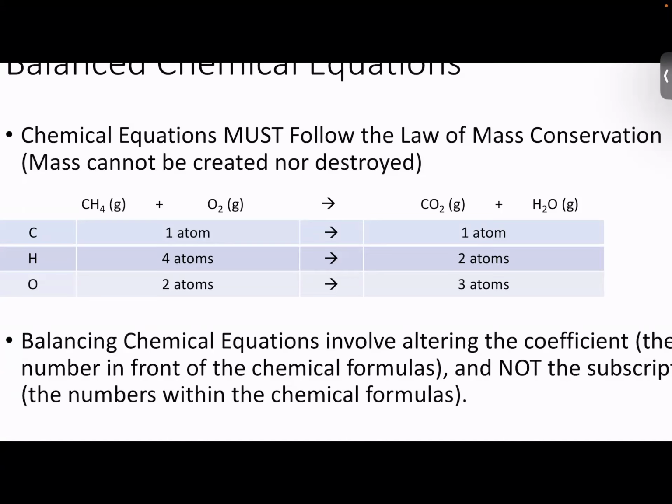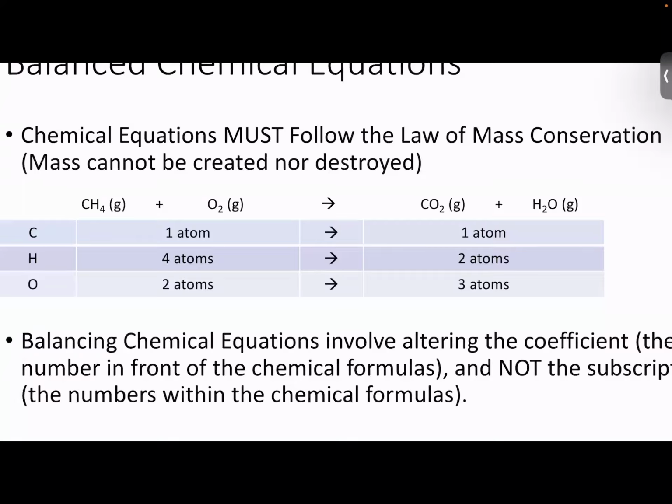There are 2 hydrogen atoms found in these two substances. And there are 3 oxygen atoms, 2 from the carbon dioxide and 1 from the water, to make a total of 3. We are not following the law of mass conservation here, because we can't mysteriously lose hydrogen. We can't mysteriously gain oxygen. So we're not following the law of mass conservation.